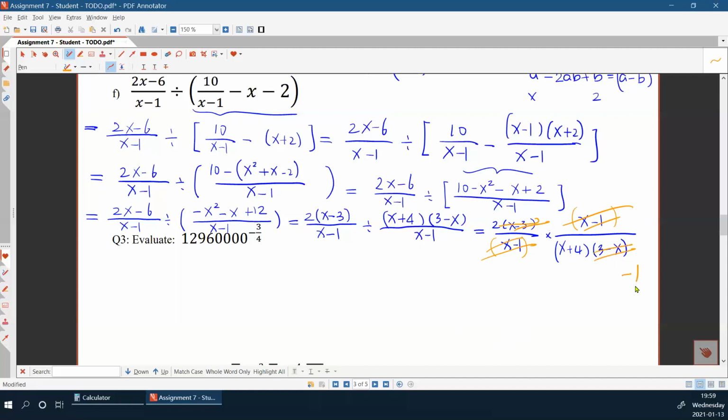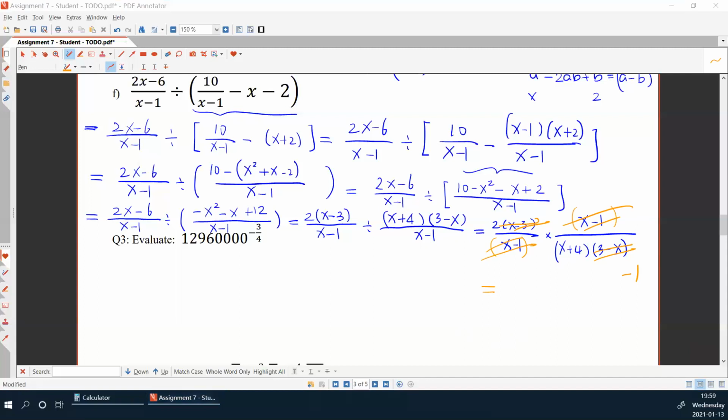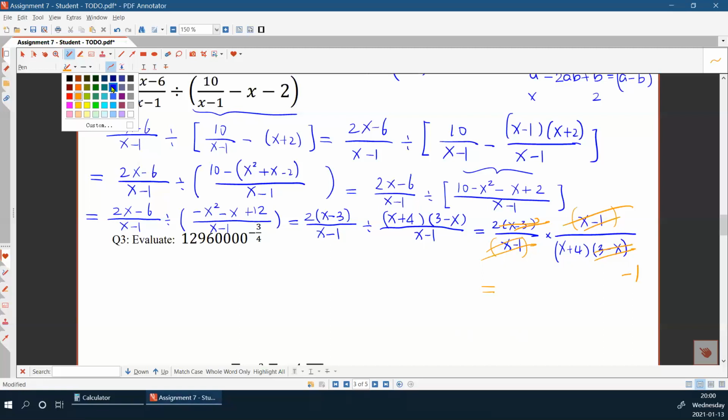If you cancel these two terms, they're left with minus 1, right? So the final result is minus 2 over x plus 4.